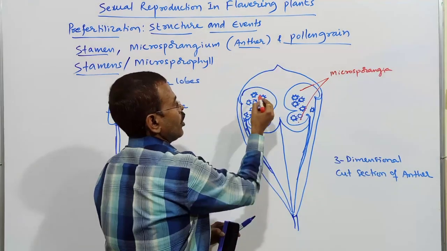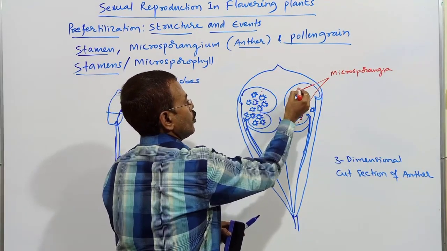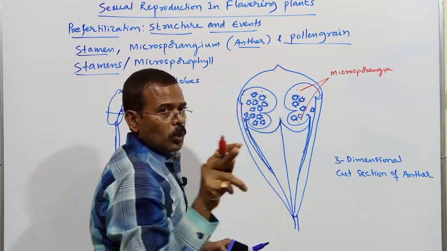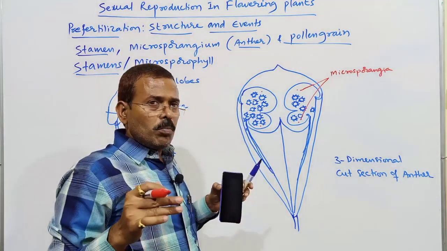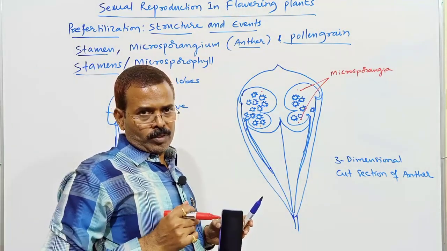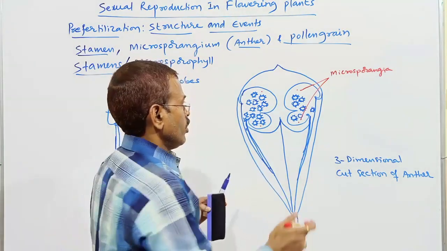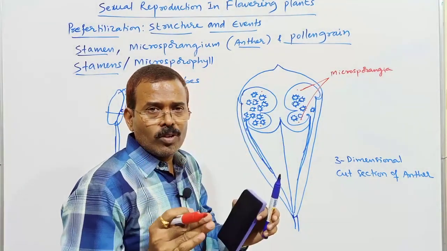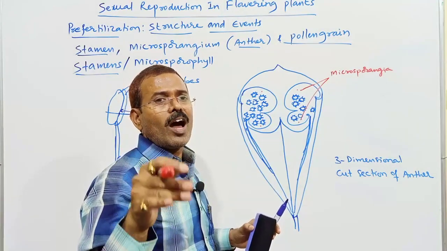So in total 1, 2, 3, 4. In each anther lobe, 2 microsporangia. These microsporangia are present at the corners. See, at the 4 corners of the anther lobes, these 4 microsporangia are present.